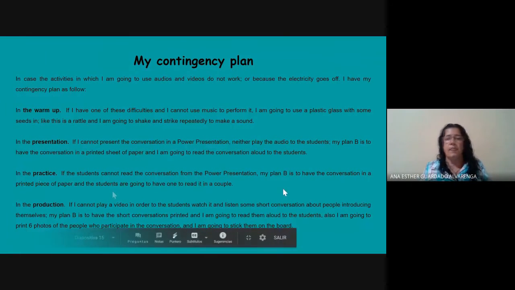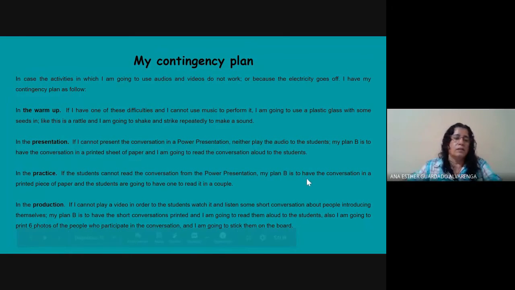And in the practice, I'm going to have the conversation on a printed piece of paper and give it to the students to read in couples. They are going to work in couples in order to read the conversation and make the practice.